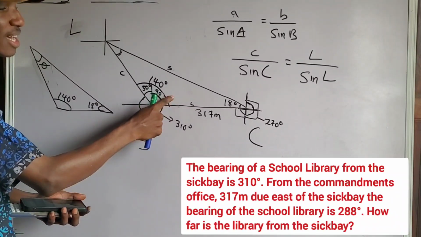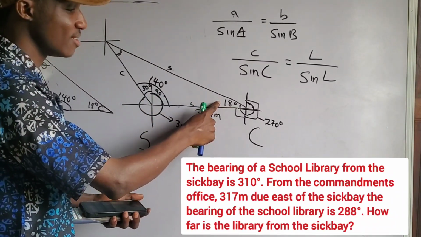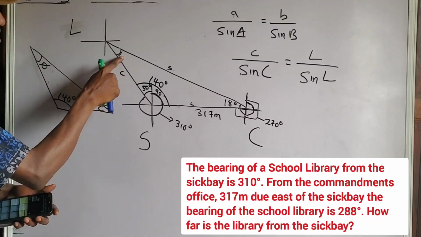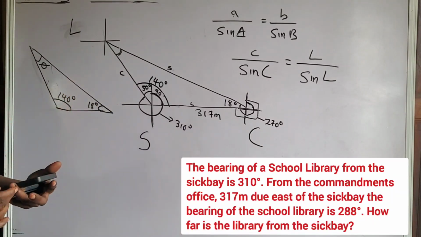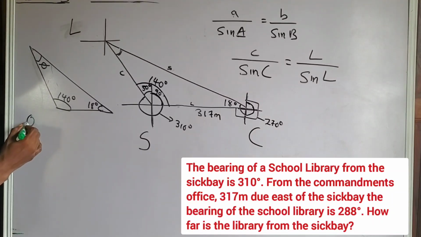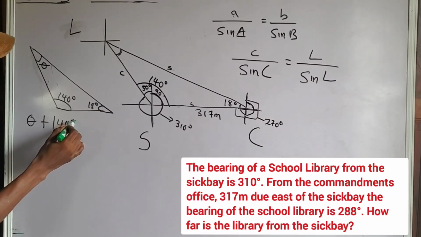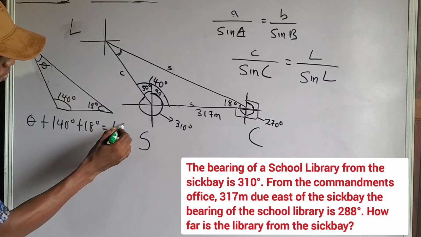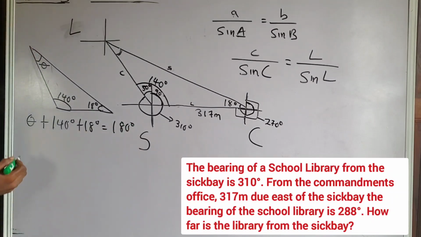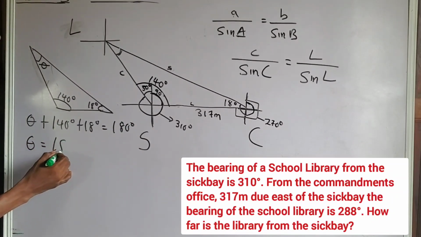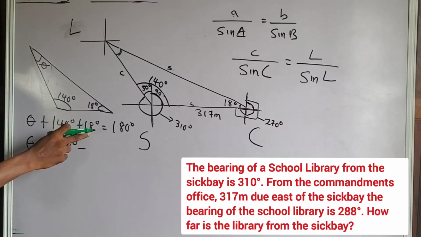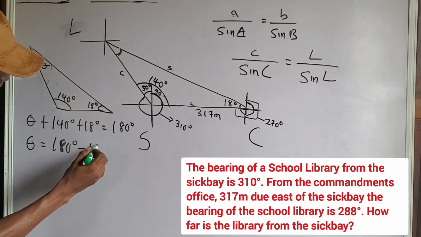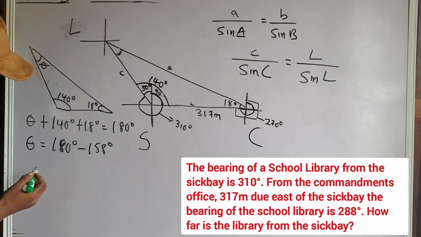Because I know that this angle is 140 degree and this is 18 degree, I can easily determine this angle using the sum of angles in a triangle. So theta plus 140 degree plus 18 degree equals 180 degree. Theta is 180 degree minus 140 degree plus 18 degree, that is 158 degree.